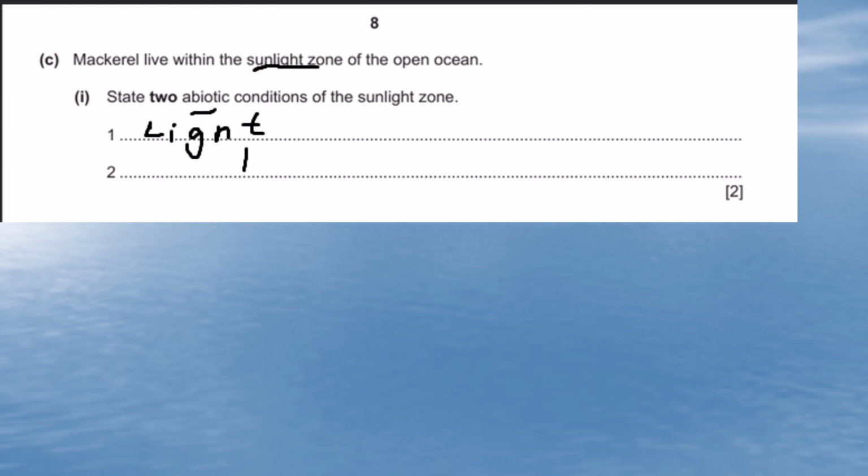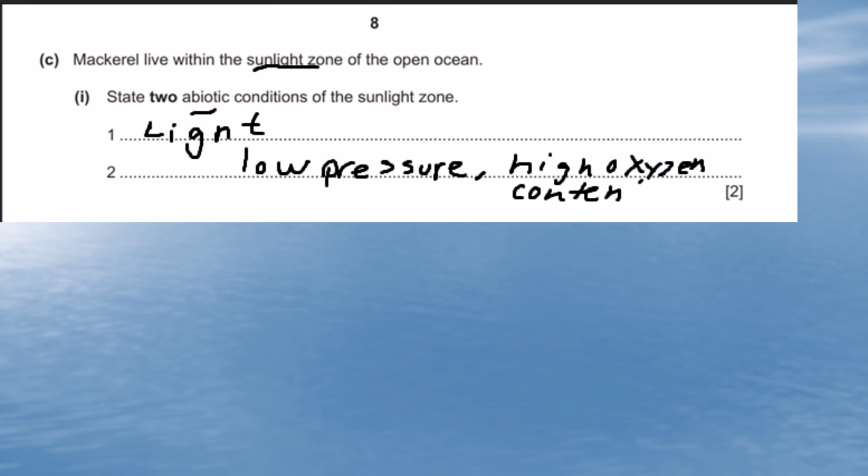And I'll say low pressure. And I could also say high oxygen saturation content. There we go. Easy 2 points.